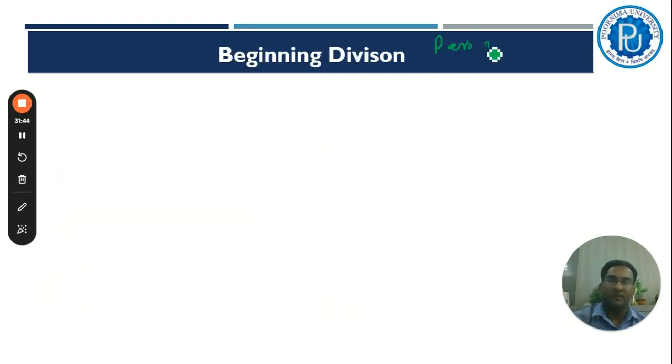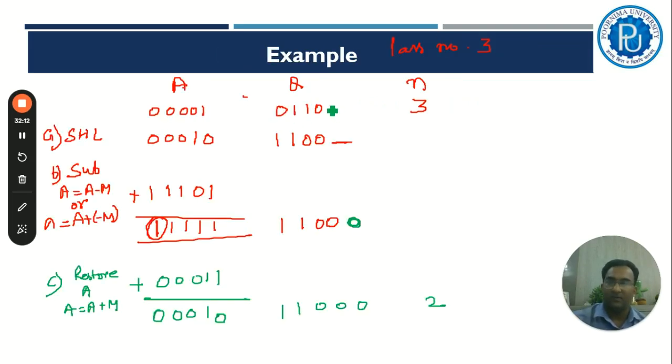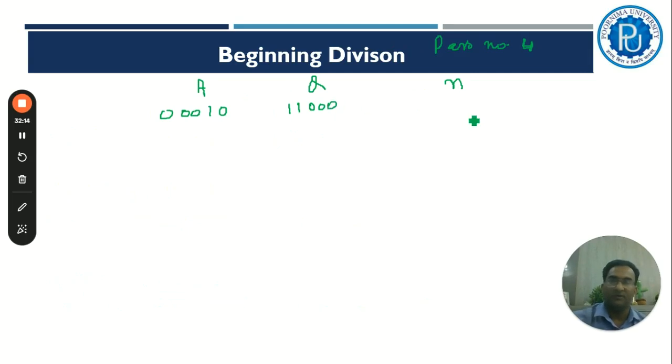Pass number 4. We have the A register, the Q register, and the N register. A in pass number 4 is holding the value 0 0 0 1 0. Q is holding 1 1 0 0 0, and the value of N is 2 there.